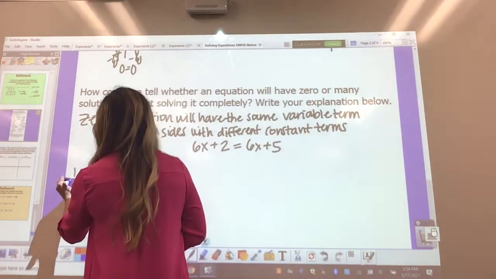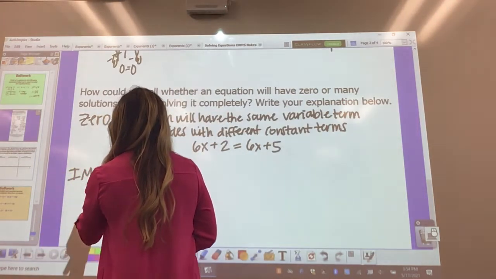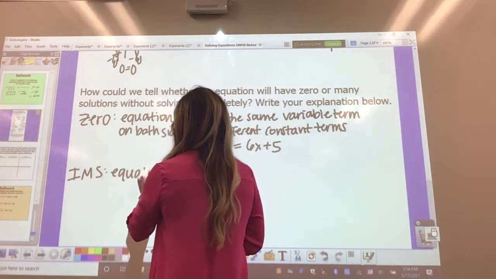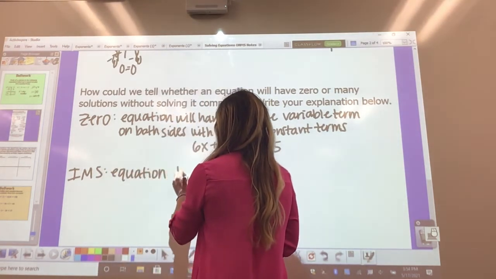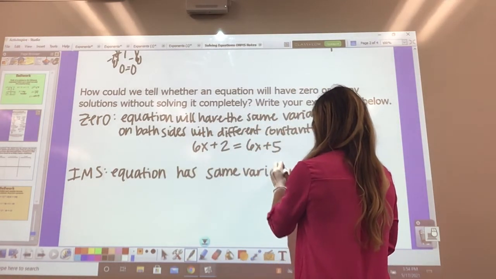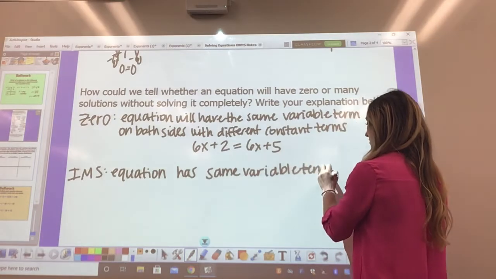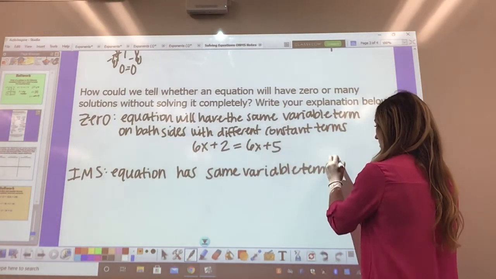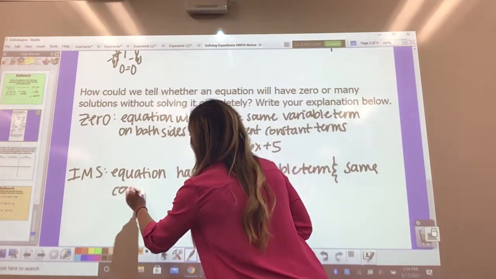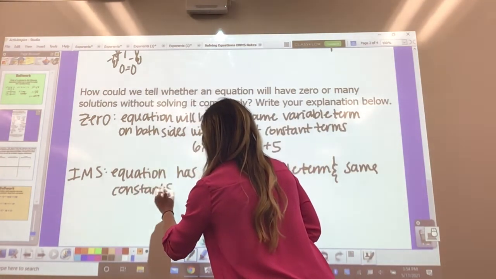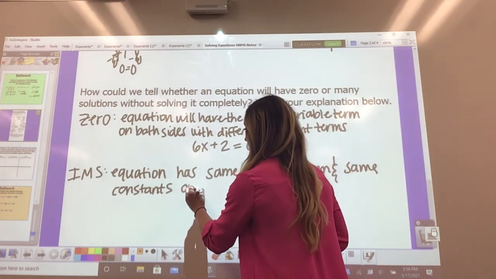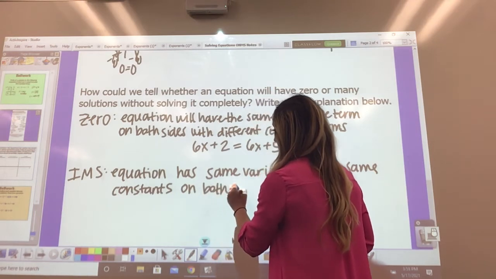It will have many, infinitely many solutions when it has the same variable term and the same constant on each side, or on both sides of the equation.